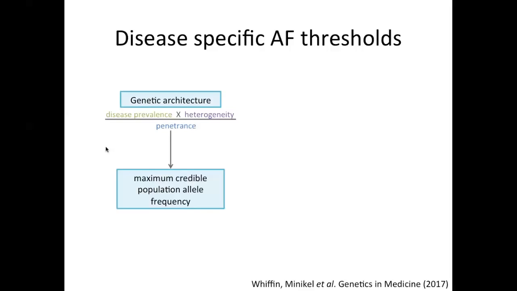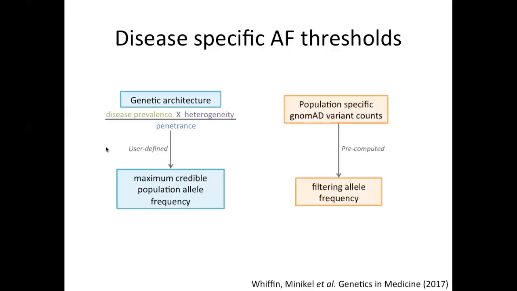However, it's sometimes a little complicated to be calculating Poisson distributions for all of your variants, so we tried to make this a little bit easier by pre-calculating a load of these values. So here on the left is the framework that I showed before, where you, as the user, have defined your disease-specific maximum credible allele frequency. And on the right here, what we have done is we have calculated this filtering allele frequency, which is purely looking at the observed allele counts and allele numbers in ExAC or gnomAD.